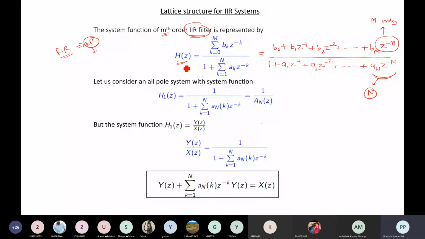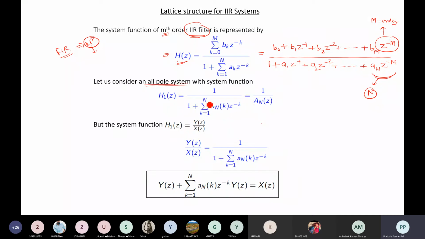First of all, in this case, we will only consider the all pole system. Suppose we have an all pole IIR filter, then it will be given by H1 of z, a separate transfer function, equal to 1 upon only the denominator part.